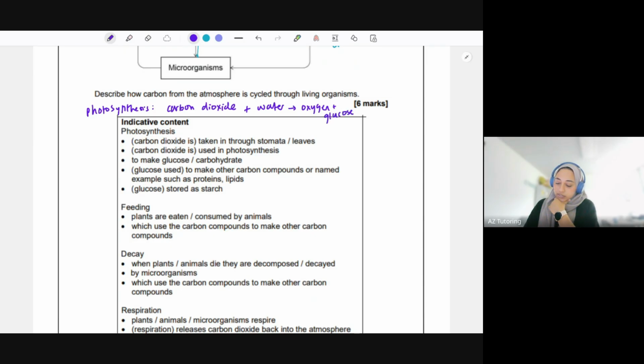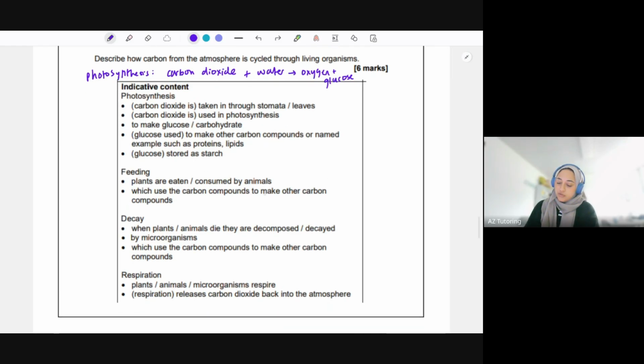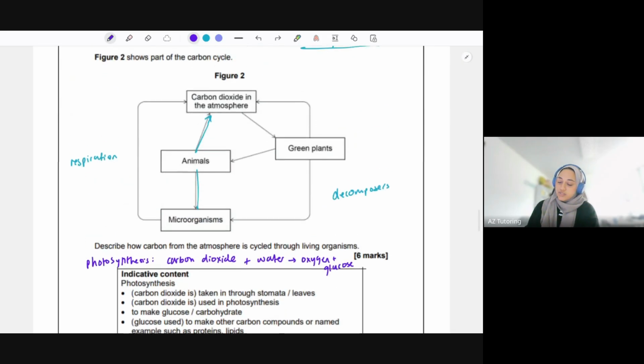So you could see that's explained here, the glucose part. The glucose is used to make other carbon compounds, such as proteins, lipids, and so on, and it's stored as starch. So you don't necessarily have to write everything, but they do want you to explain some things. Feeding: plants are eaten, consumed by animals, which uses carbon compounds to make other carbon compounds, as we just said over here.